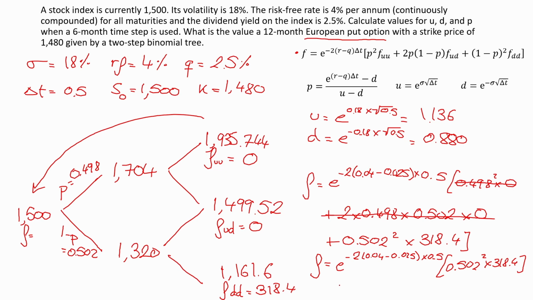And if you plug this into the calculator, you should get that f is equal to 79.03. Okay? Therefore, the current European put option value is equal to 79.03. And this is the final answer that you need.